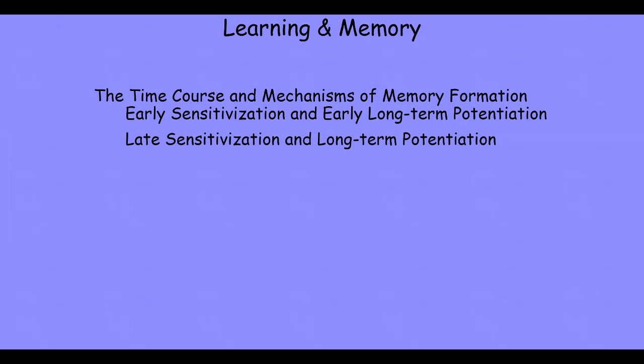Then we'll turn to late sensitization and late long-term potentiation, both of which result in actual changes in the structure of the neurons, i.e. increasing growth in the dendrites. We'll look at dendritic spine growth sort of generally, and then we'll finish by talking about neurogenesis, which plays a minimal role in adults, but more of a pronounced role in development.